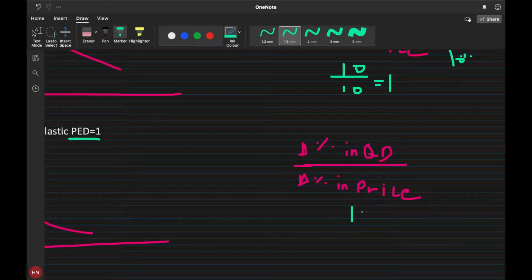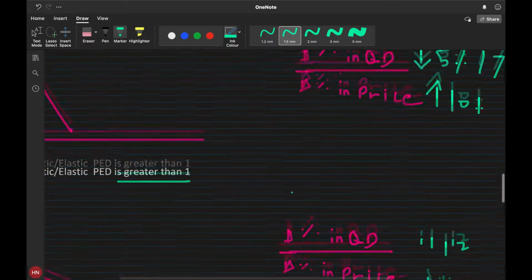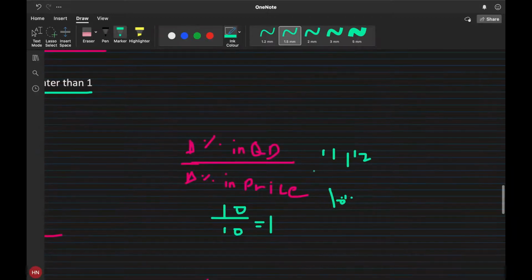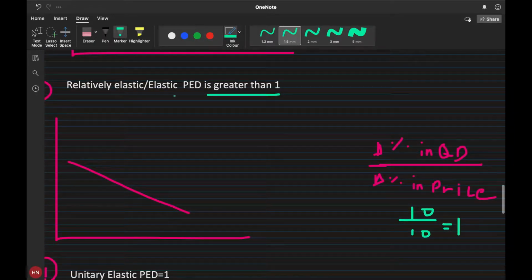Now in the case of unitary elastic, the proportional changes are equal, and so let's say if there is a percentage change in price of 10%, price goes up by 10%, then QD will fall by exactly 10%. If it was to fall, let's say below 10%, that would count as inelastic, as you saw over here. If it was to fall by more than 10%, as you have over here, then it would count within the range of elastic PED.